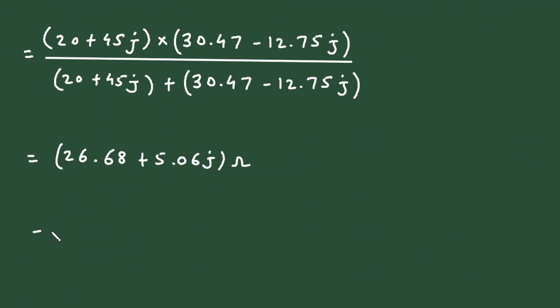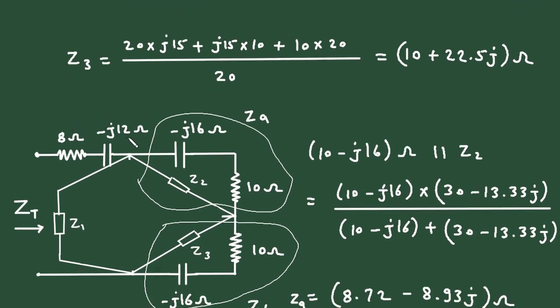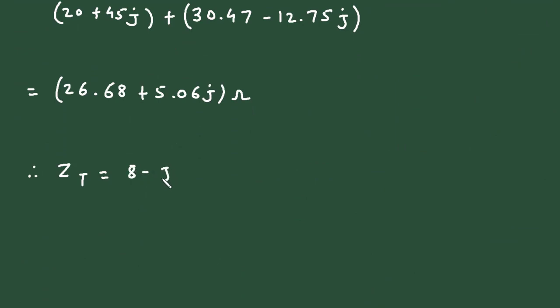So therefore ZT is equal to 8 minus j12, then plus 26.68 plus 5.06 j.